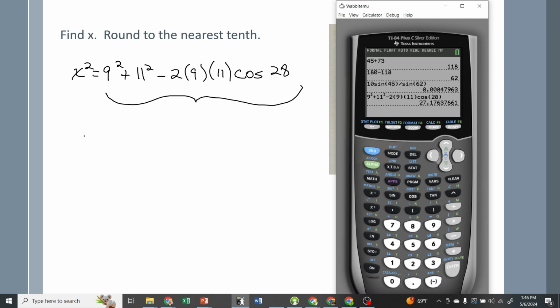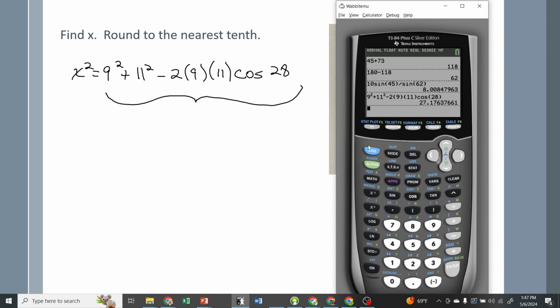So I've got x squared equal to approximately this value here.